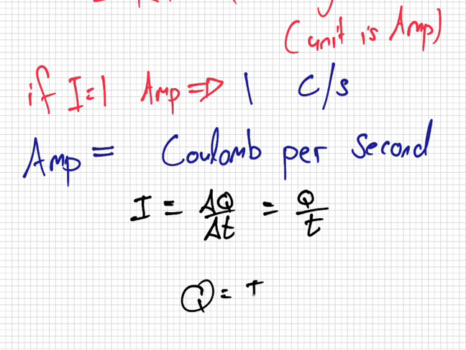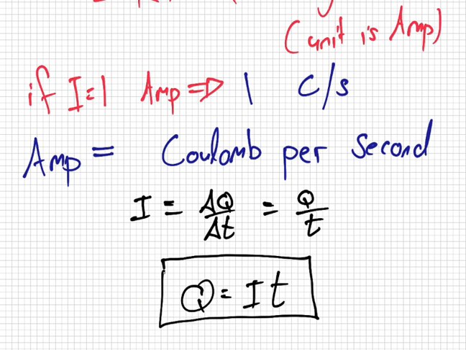Q equals IT. Charge Q equals current multiplied by time. I multiply T.